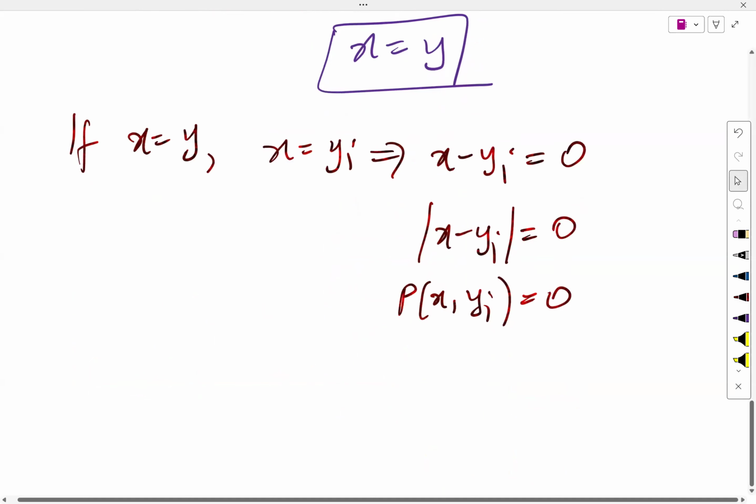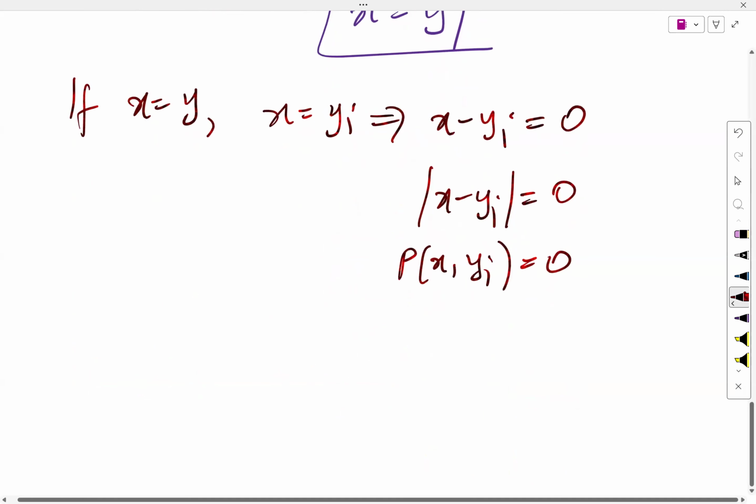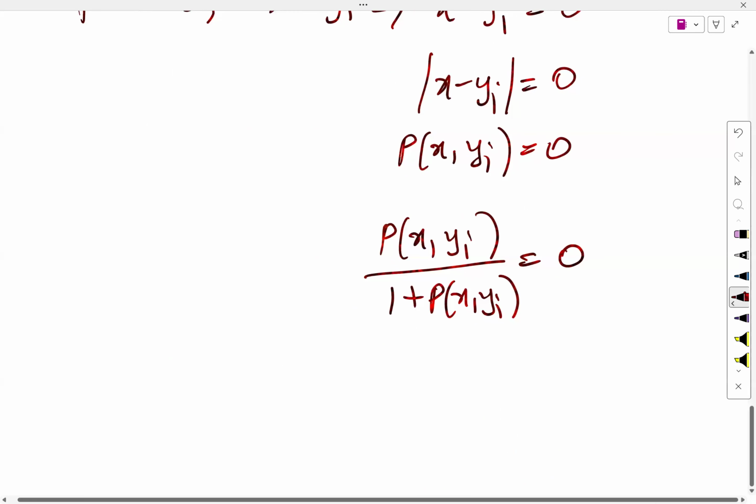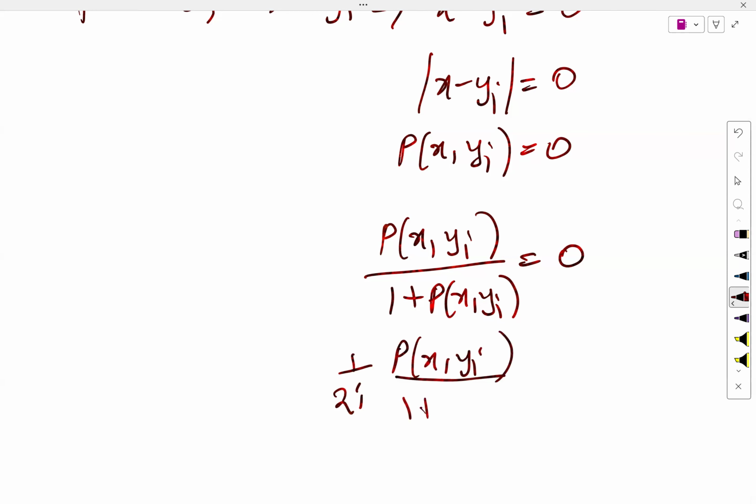What if you now divide it by something equally positive, p of x comma y_i all over 1 plus p of x comma y_i? If you divide both sides by that, you still get your 0, right? You multiply both sides by 1 over 2^i: 1 over 2^i p of x comma y_i all over 1 plus p of x comma y_i.